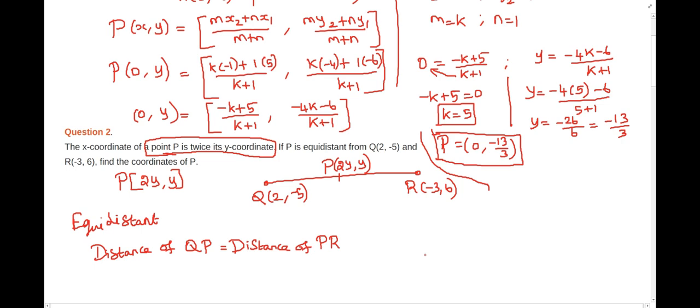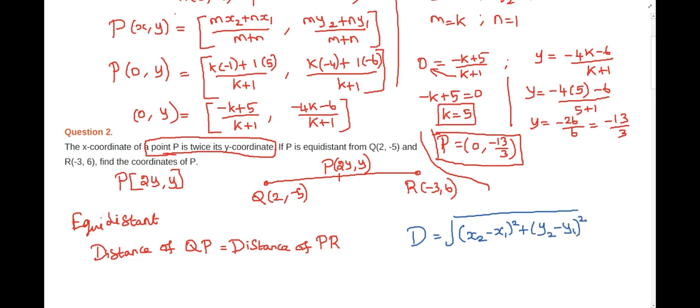So again we know the distance formula. Distance formula is d equals square root of (x2 - x1) whole square plus (y2 - y1) whole square. Okay. For the points P and Q, it is x1, y1, x2, y2.